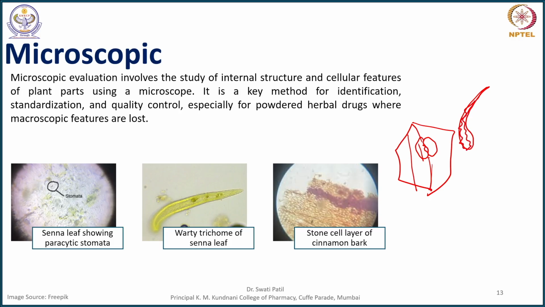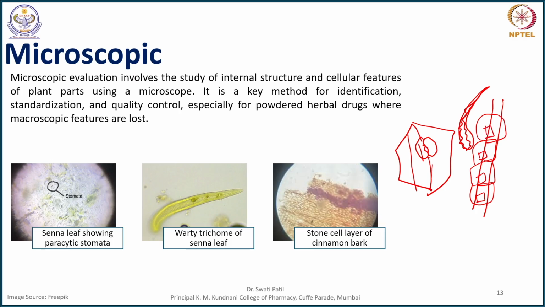And another very important characteristic of senna is that the xylem vessel is covered with parenchyma cells, and each parenchyma cell has a calcium oxalate crystal. This is called the crystal sheath. So, this crystal sheath is seen in case of senna and in case of licorice.